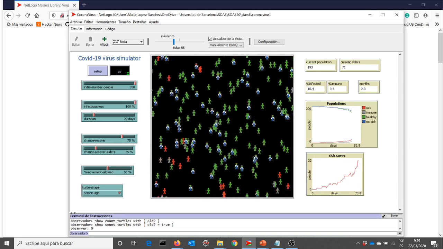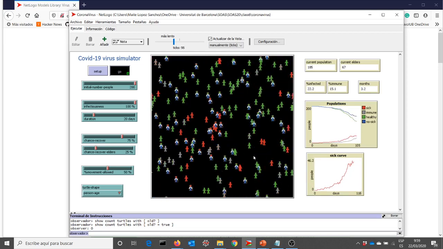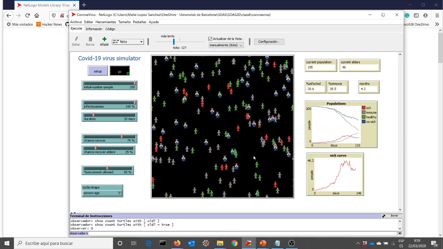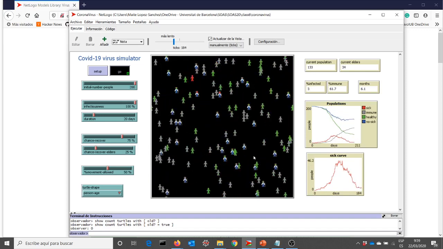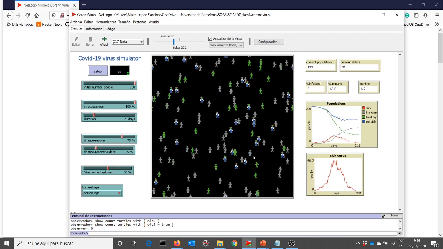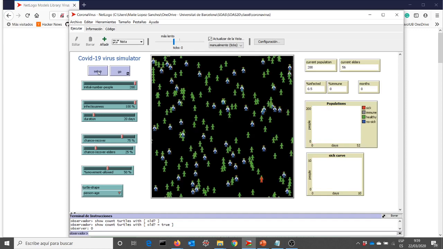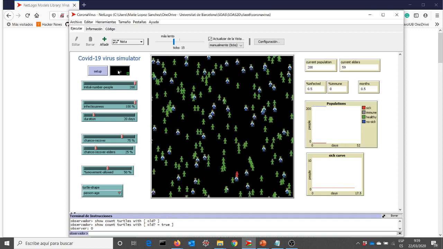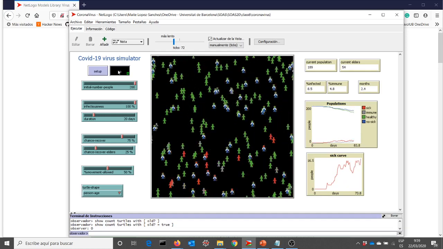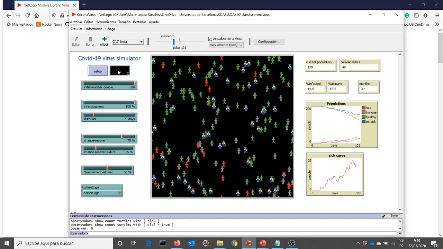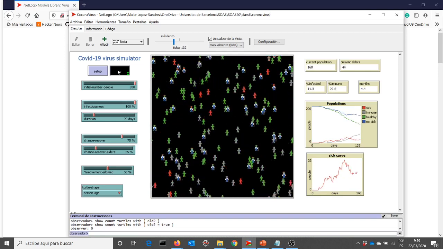So the population gets more people sick, but in a far more controlled way. We can repeat that again to see that every setting gives a different result, especially if the first individual is able to move or not. We can see the effect.